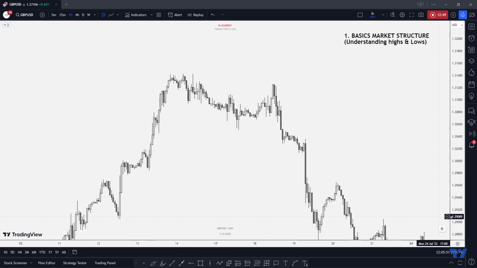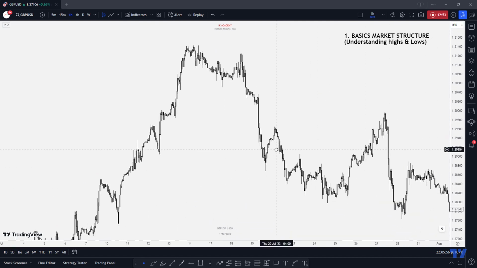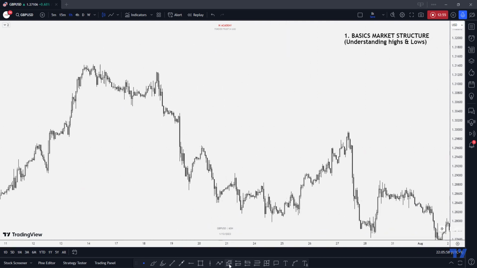Now, looking at this video, you can clearly see price printing different kinds of structure. We can see price creating this structure here. You can see there's a low, a lower high, a lower low, a lower high, a lower low, a lower high, a lower low.